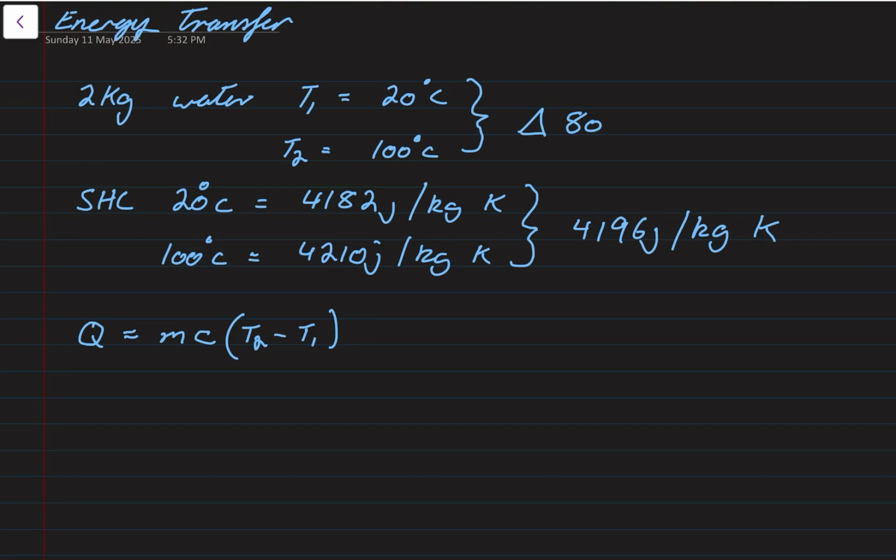So now we go ahead and plug in our numbers. So we've got a mass of 2 kilograms, times that by our average specific heat capacity, 4,196 joules, times our temperature difference, which is 80 degrees.